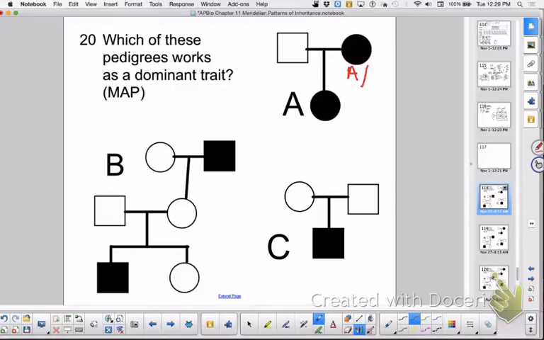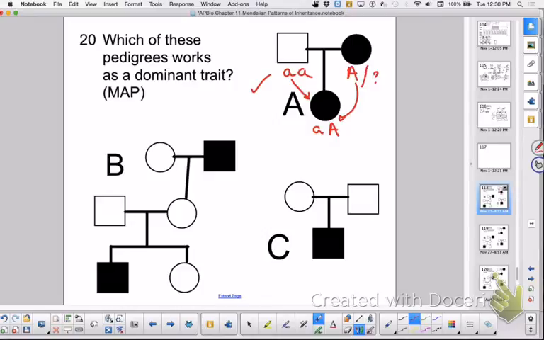And then this would be 2 little a's because they don't have the trait. Now this individual is going to get 1 little a because that's all the dad has to give. Regardless of what this trait is, could they give them the big A? Yes. So would that work as a dominant trait? Yes, this would work as a dominant trait.